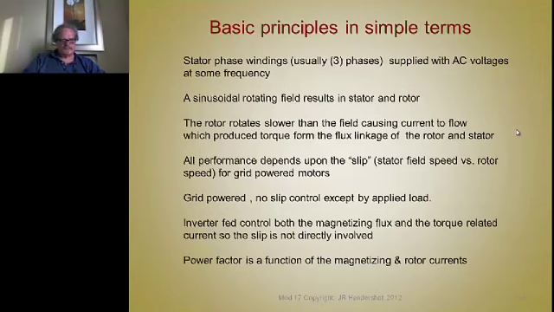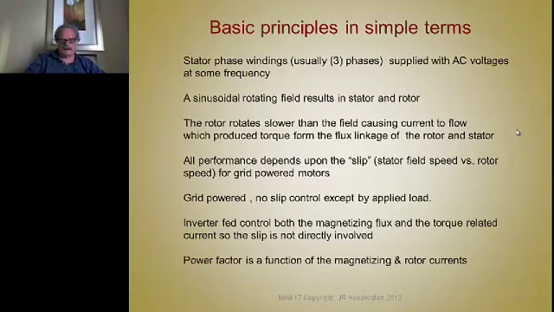Inverter-fed induction machines control both the magnetizing flux and the torque current, the current value that produces torque, so the slip is not directly involved. The slip is still there, but the slip is controlled, and essentially it's maintained to be constant.